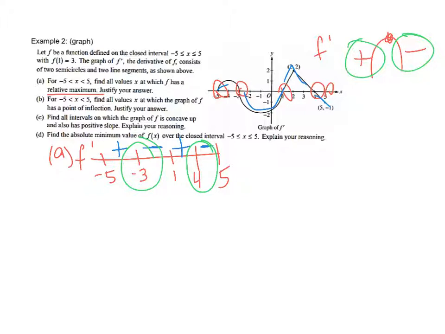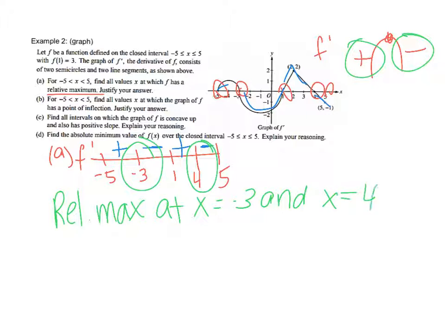So look how I justify my answer here. There's a relative max at x equals -3, and x equals 4. Because, first I have to state that they're critical points: f prime of x is equal to 0.